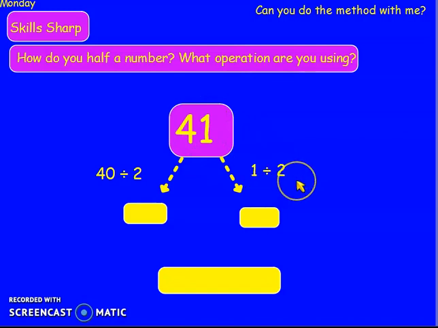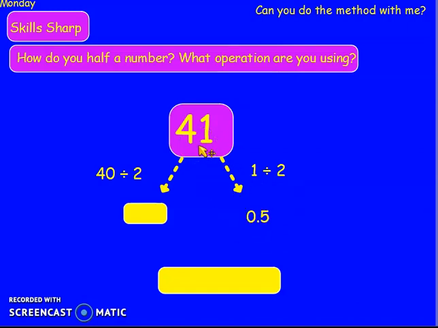So what's 1 divided by 2? Going to be a decimal number, isn't it? How do we halve 1? You might have remembered this from maths when you were at school, we always say that half of 1 is 0.5. If this was money and this was £1, half of £1 would be 50 pence. So we've got 0.5 at this side.